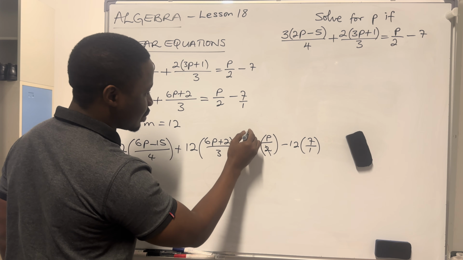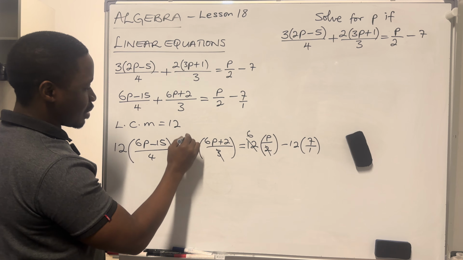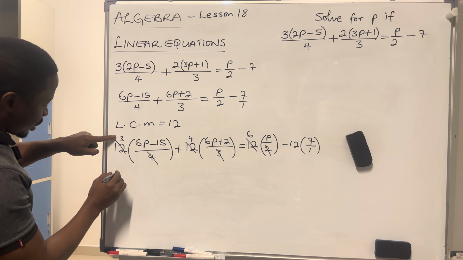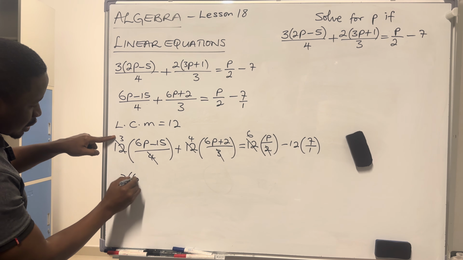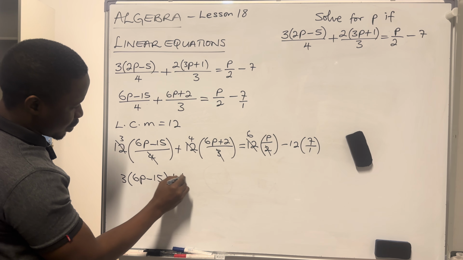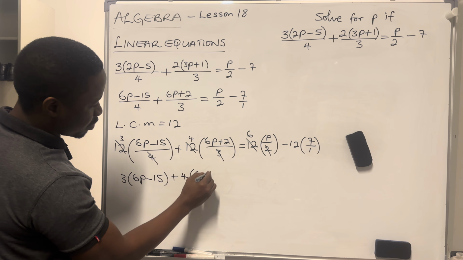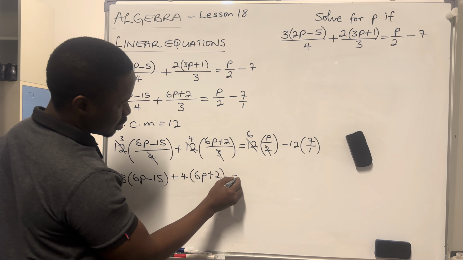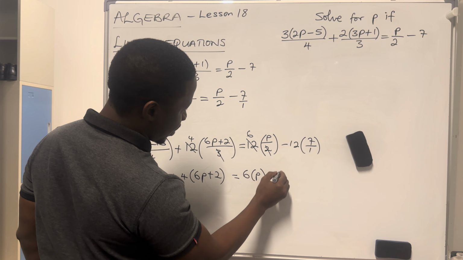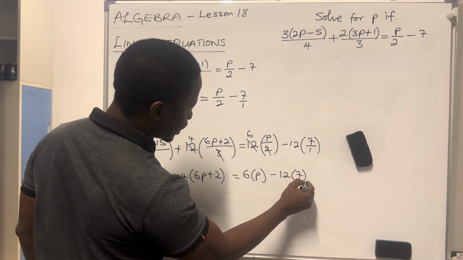2 into 12 is 6, 3 into 12 is 4, 4 into 12 is 3. So 3 multiplied by 6p minus 15, plus 4 multiplied by 6p plus 2, equal to 6 multiplied by p minus 12 multiplied by 7.